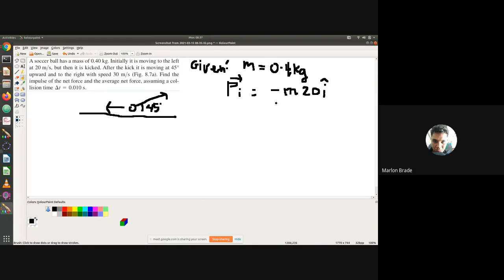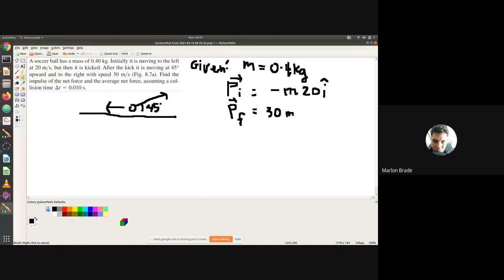So the velocity, what's this? The momentum is napos some angle. So the momentum, the P final is mv, right? So padung to the right, so that is first quadrant 45 degrees. So both components of I hat and j hat are all positive. So this is 30 multiplied by the mass.